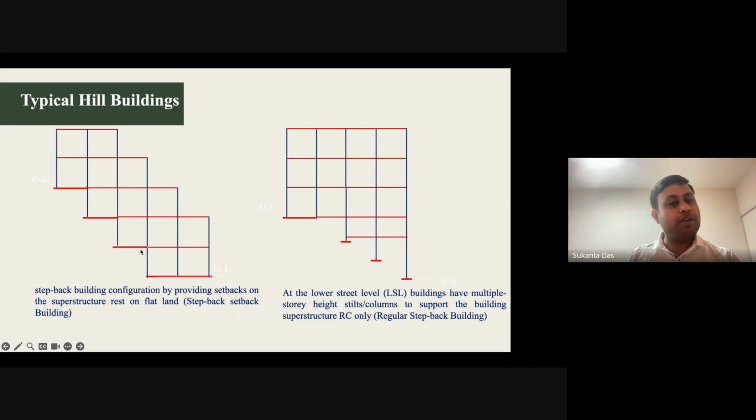Yes, it is stepping back toward this side, and at the roof also it is kind of a setback, so step back setback building. And here we have a regular setback building, because if we consider this a regular building, but at the top you have some sloping ground, that's why this is a regular step back building. So these are the common types of buildings which you can see in hilly terrain.